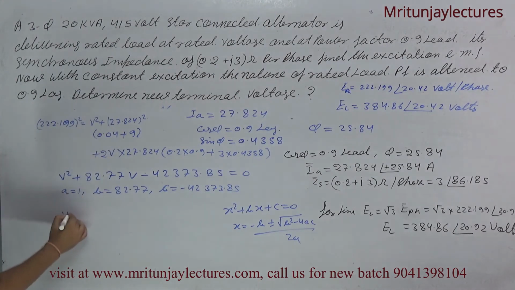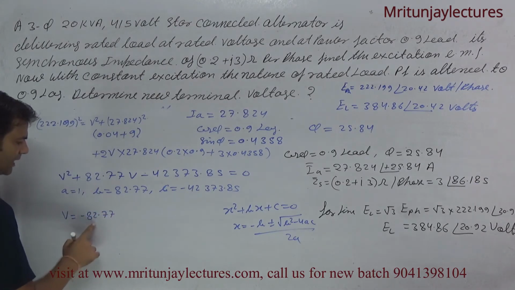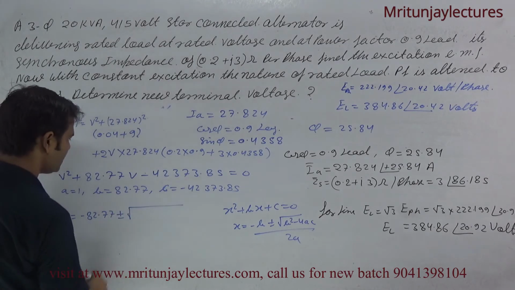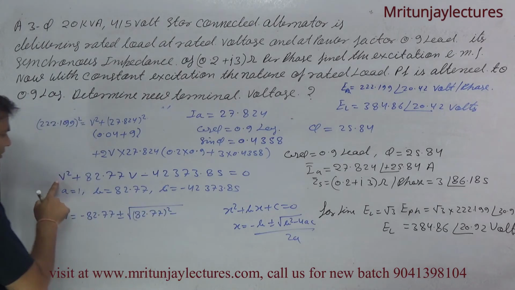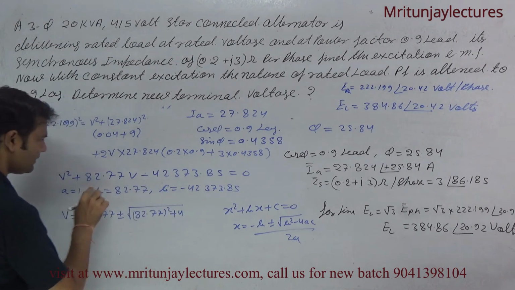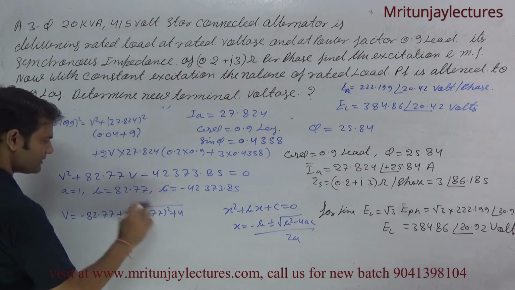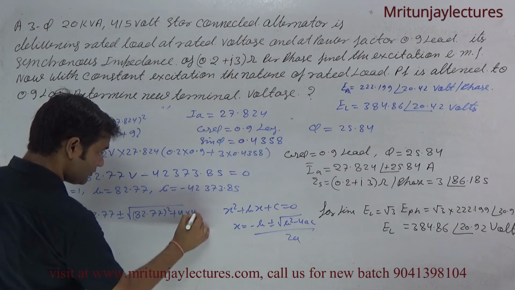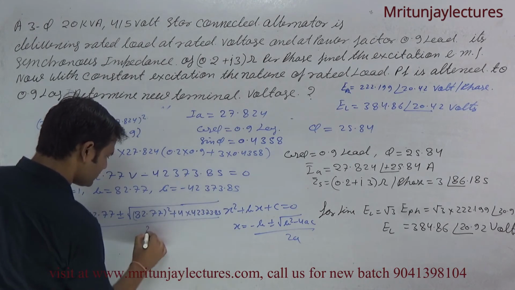So V is minus 82.77 plus minus under root 82.77 to the whole square, minus 4ac, with a equal to 1 and c as given, so minus minus plus 42373.85, divided by 2a, that is 2 into 1.